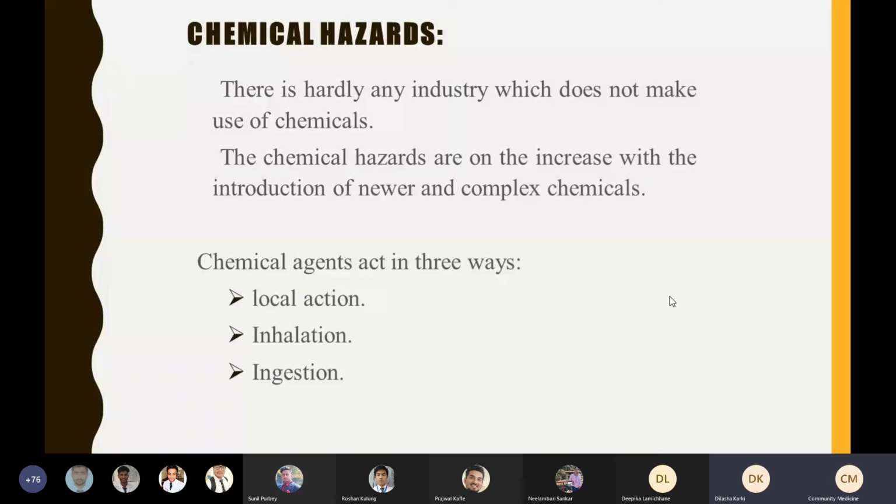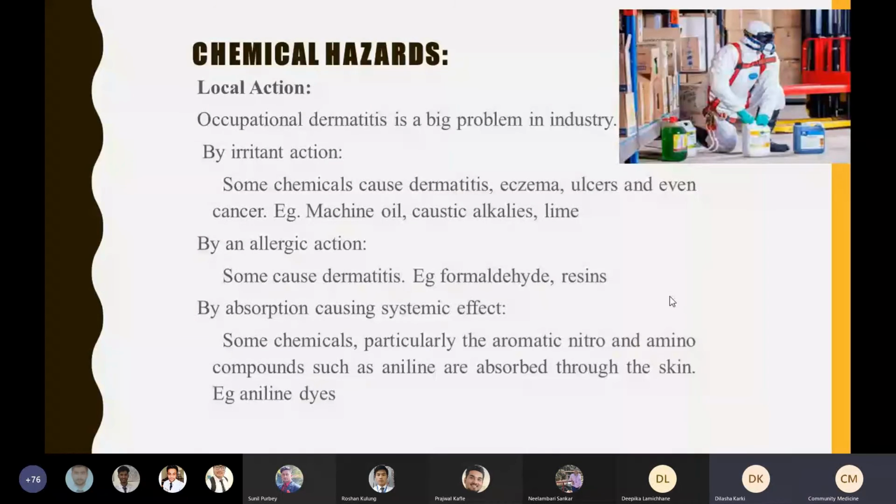Among these three, talking about local action, while using the chemicals, they can pour onto the hands and react on the skin, forming dermatitis, eczema or ulcer. And if there is regular exposure to the skin, it can also lead to carcinogenic effects.